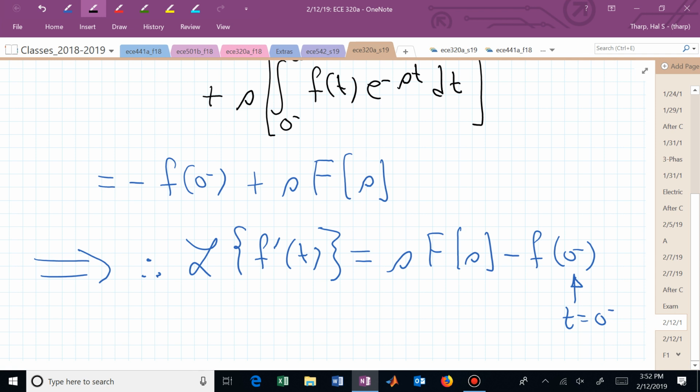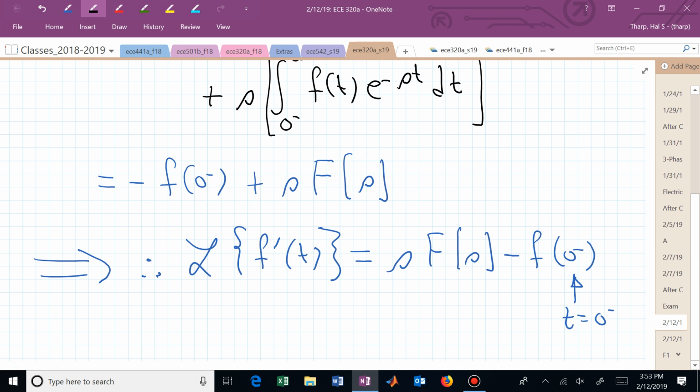If you neglect your initial conditions, it gets pretty easy, and you just have to raise this power of s to whatever power the derivative was. Meaning if you had a second derivative, it would be s squared, capital F of s. And we will simply look at what this looks like when we apply it recursively. We're not going to start doing all of this by parts each time.